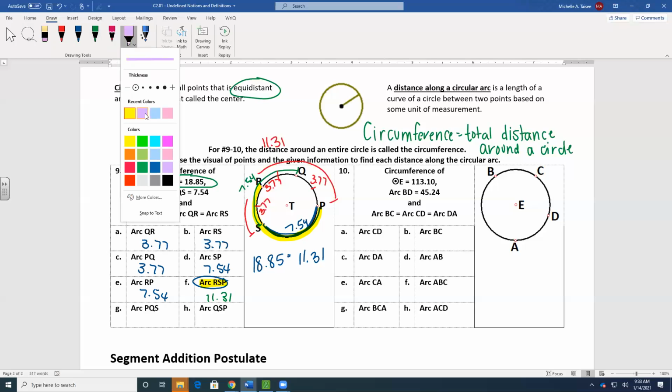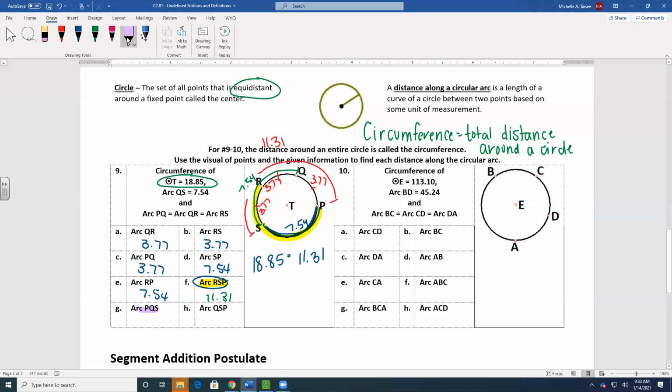Right. My next one is dealing with PQS. So I'm starting at P, I'm touching Q, and I'm ending at S. P to Q to S. So that's 3 sets of 3.77. So that's the entire red, which is 11.31.